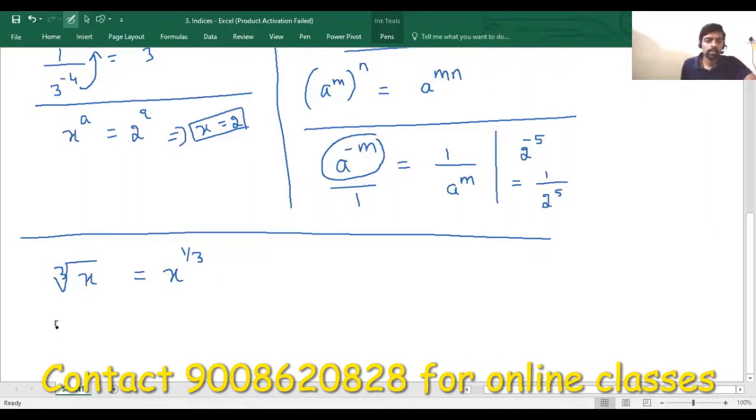This is called radical form, and this is called index form. Now, fourth root of y. So tell me how to write this fourth root of y. Y to the power 1 divided by 4.